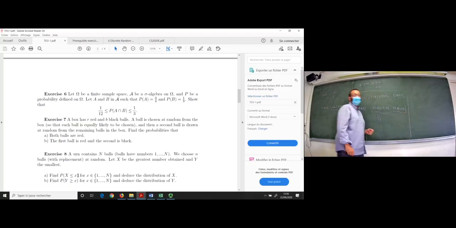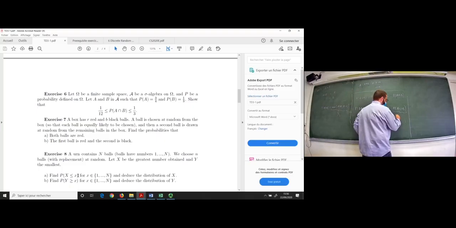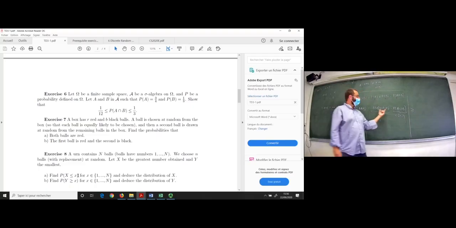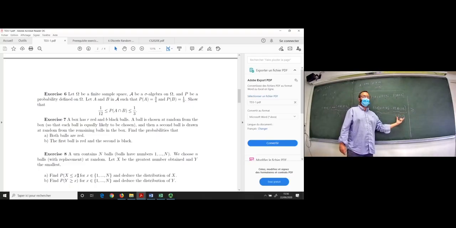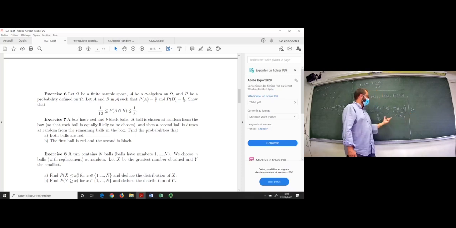It's a proba, so it is between 0 and 1. So it belongs to the interval [0, 1]. So when you do the sum of one number minus an element that is in [0, 1], it will be greater for sure than what happens if I take the maximum for this value here, that is 1.